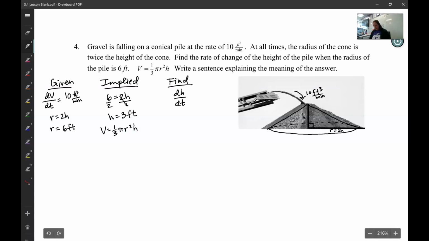So what if instead of that, I substituted in that R is 2h? Then when I simplify that, we get 4h squared times h. So that's going to be 4/3 pi h cubed.